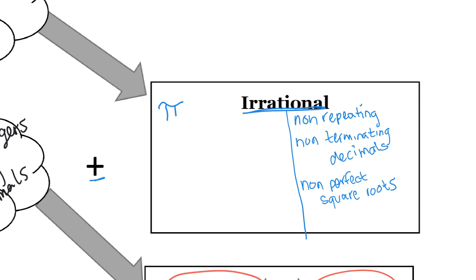Okay, so think about pi. Pi is 3.14159, I think 26 maybe. And it just goes on and on and on, right? It never ends. And the sequence never repeats itself. It's always a new number. Never repeats. So same thing as 2.45678912367... That never repeats itself.